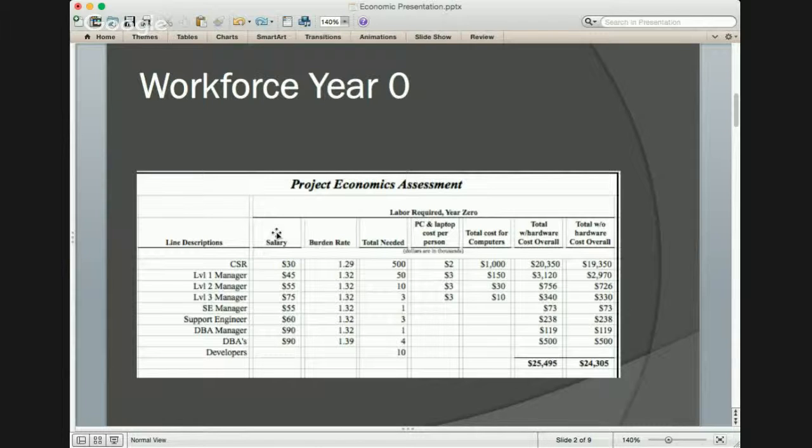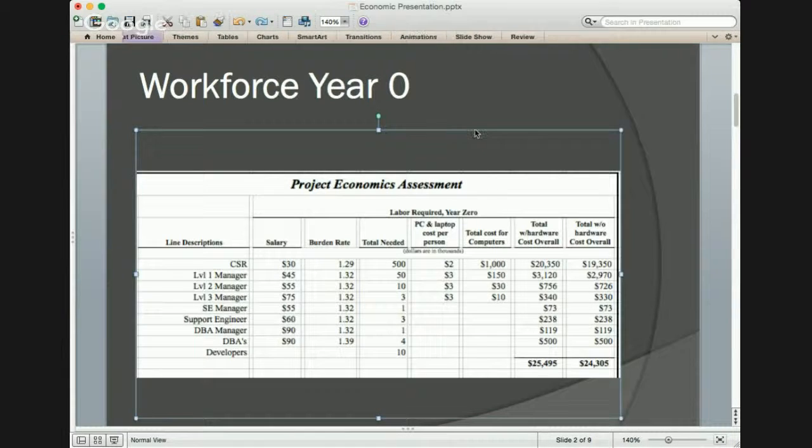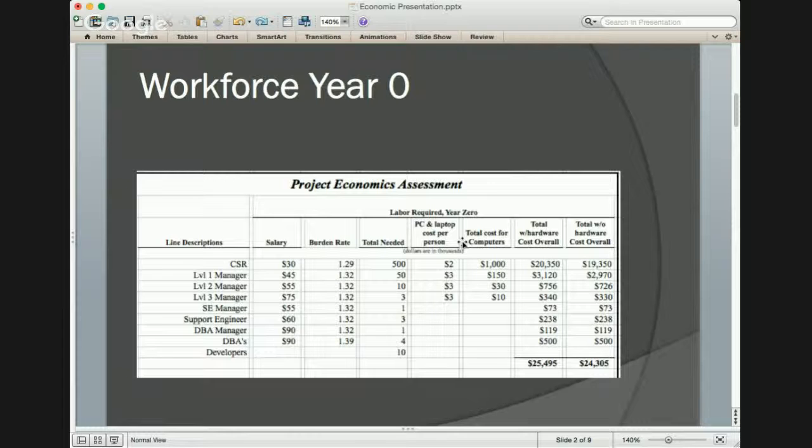And then the level 1 managers, according to the business model, is required. And then we have the costs of the laptops, and then the total cost for the computers. And then we have the total with hardware costs overall.